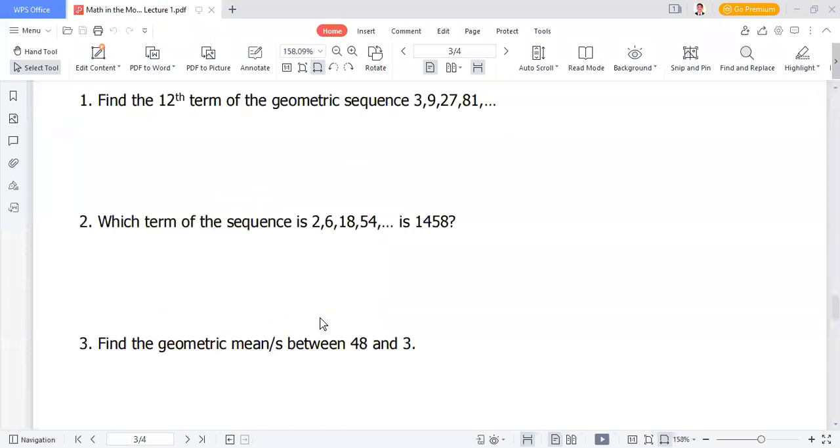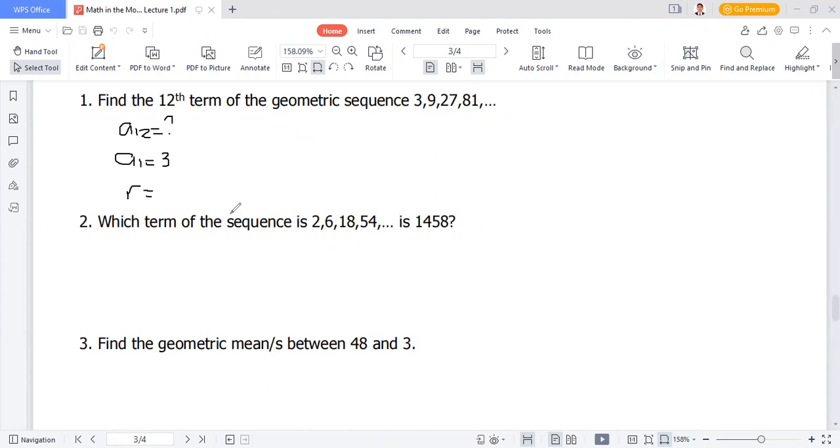Example 1. Find the 12th term of the geometric sequence 3, 9, 27, 81. So, ang hahanapin daw natin ay yung a sub 12. Given yung geometric sequence 3, 9, 27, 81. So, given this sequence, our first term is 3. And then, what is our common ratio?